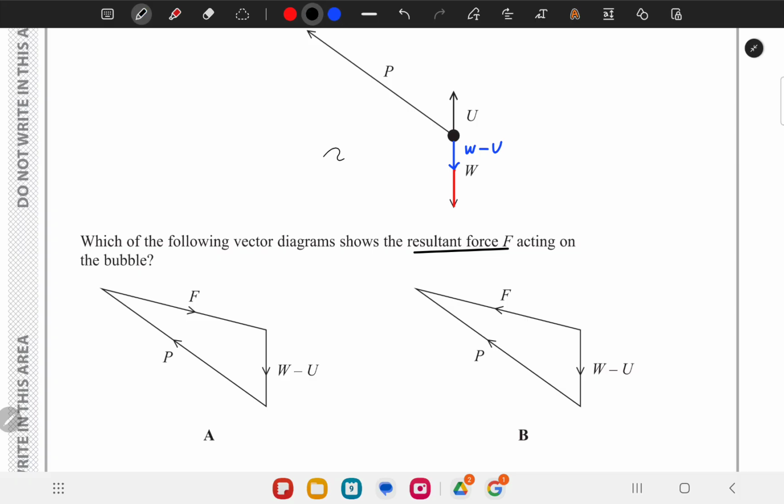So we'll draw a head to tail diagram. We have the tail over here and the head over here of the W minus U vector. Now we'll join the P vector at its tail. The resultant force will be this, and the arrow will be from the initial point. So we started from here, our end point is here, so the arrow will be from the start to the end.